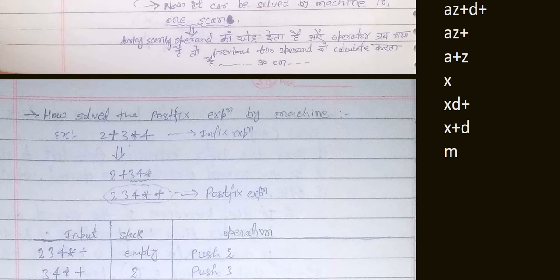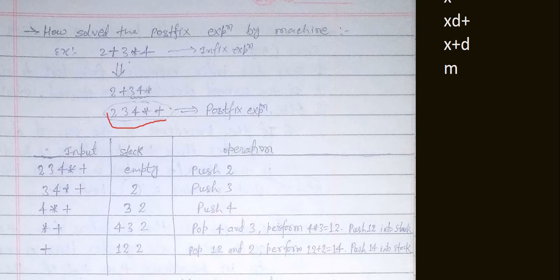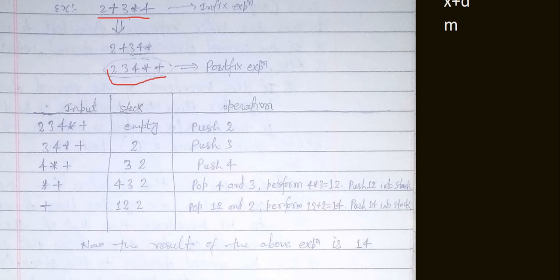Now here we can see a small infix expression, and after the conversion, here is the postfix expression for this small infix expression. Actually the machine uses a stack, and we know a stack has the property of LIFO.